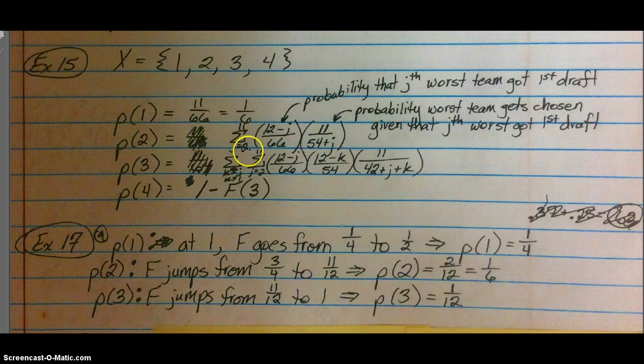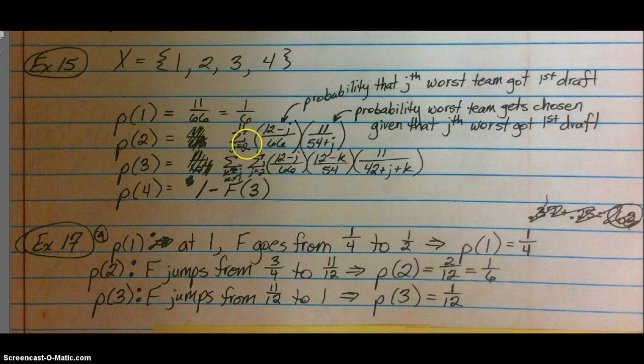So J represents how bad your team was. J equals 1 would be the worst team in the league. We're not counting them here because we are the worst team. In this problem, we are the worst team. And here we're just looking at what's the chance that one of the other teams got chosen, because we clearly didn't get chosen in the first round if we're getting the second round here.